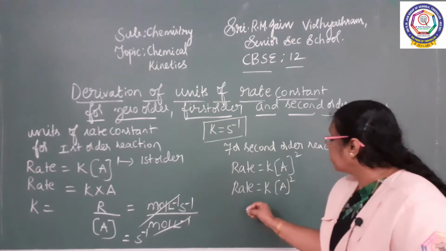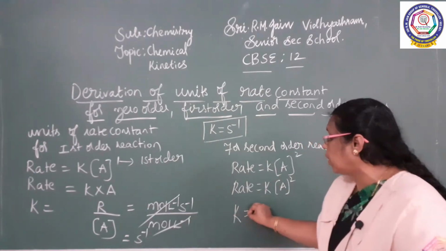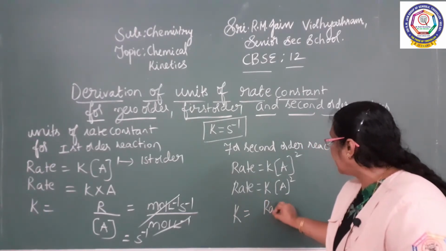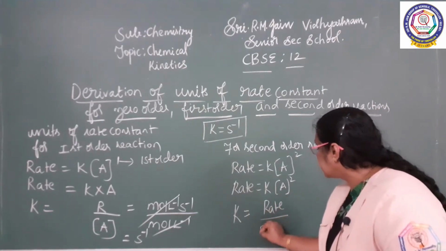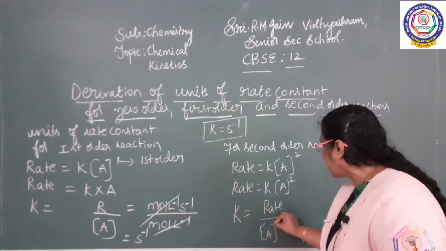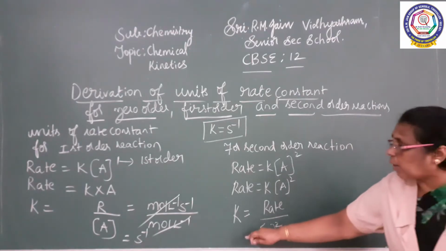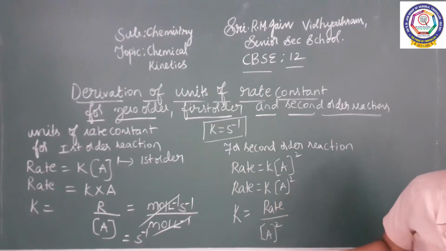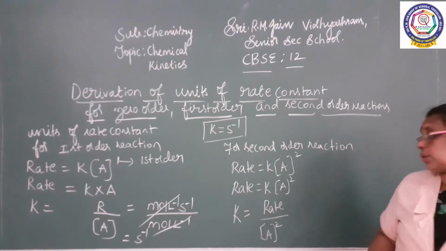So from here we can derive K is equal to rate divided by molar concentration of A whole square.